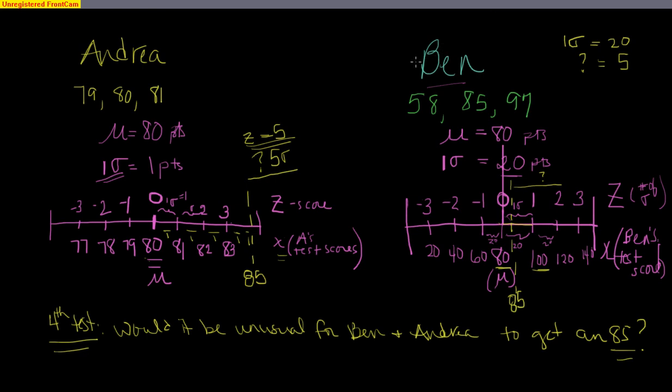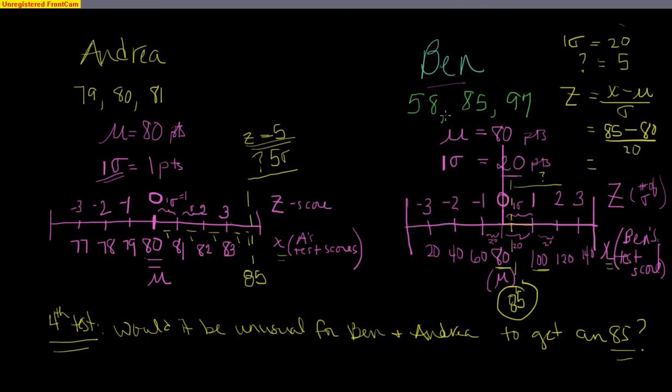But another way we can do it when all else fails is we have a formula that tells us to find a z-score: it's going to be x minus the mean over the standard deviation. In this case, x is the numbers down here, that's 85, minus the mean, which was 80, that's where that 5 comes from, divided by the standard deviation, which for Ben is 20 points.